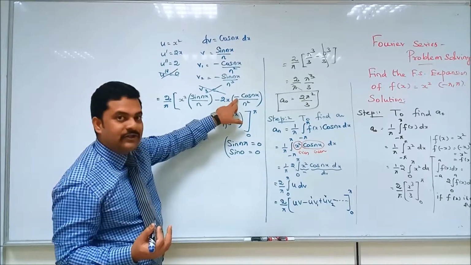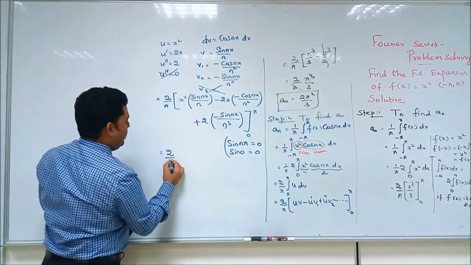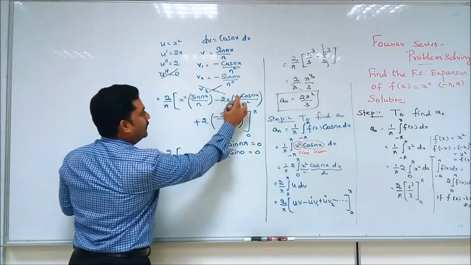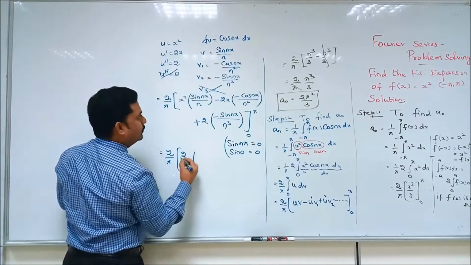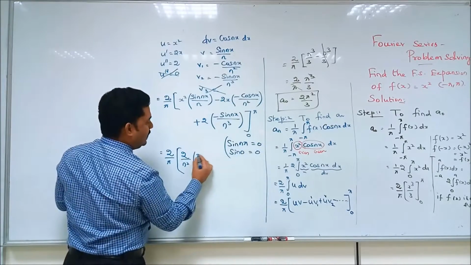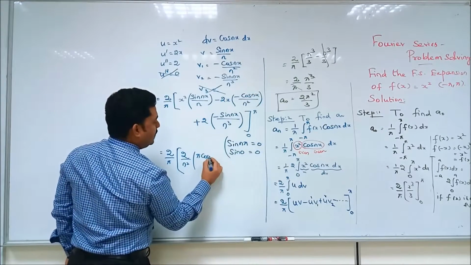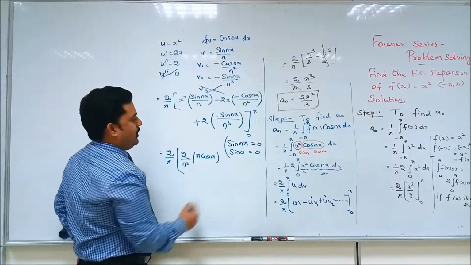So minus into minus is plus, this is 2 by pi into plus 2. This is n power 2 into this is x, in place of x it is pi, into this is cosine n pi. Yes.